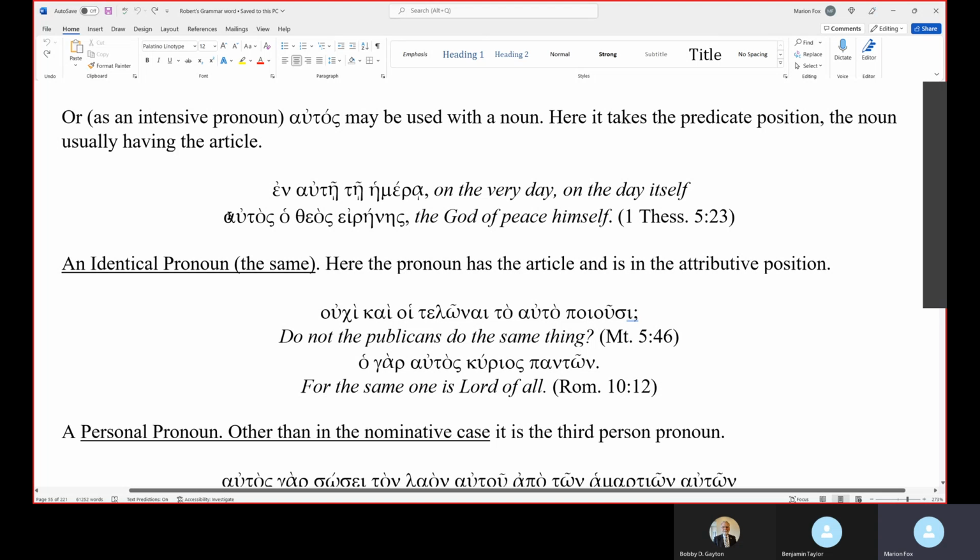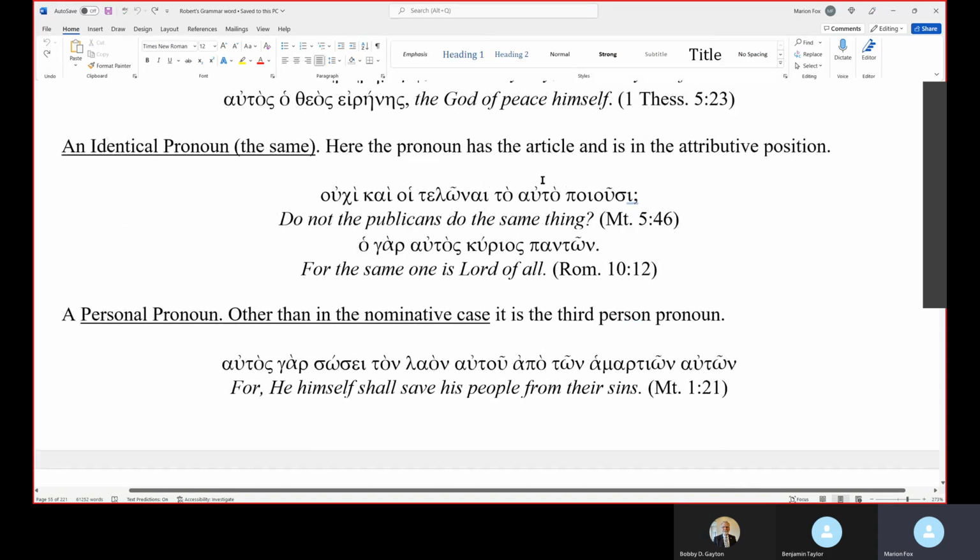And it doesn't have the article here either. It's intensive, by virtue of being in the predicate position as well. Right down here, the pronoun has the article and it's in the attributive position.